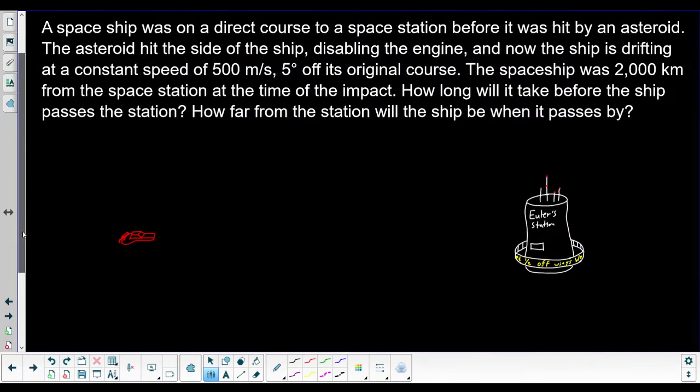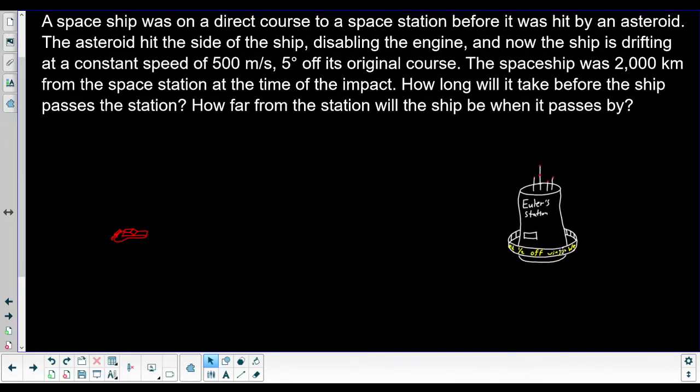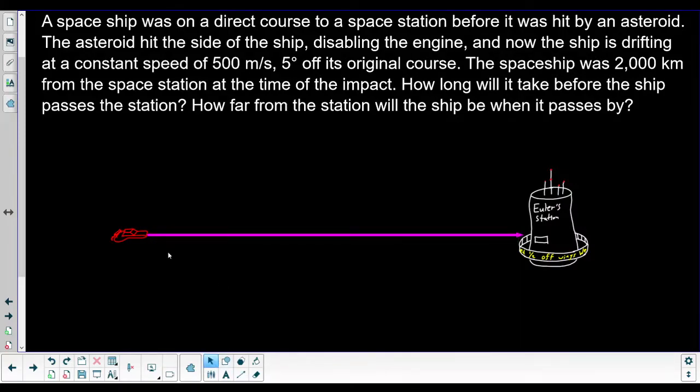So let's break this up. We have our beautiful spaceship right here. We have our beautiful space station right here. Our ship was on a direct course to the space station. Then it got nailed by an asteroid, and now it is at an angle to that station.